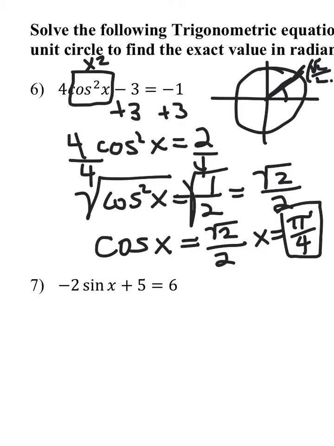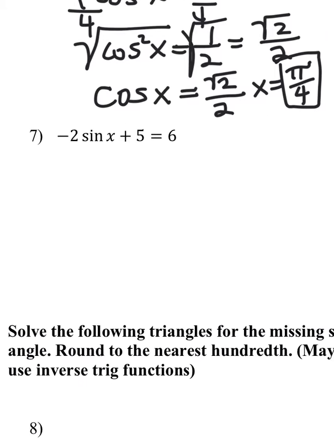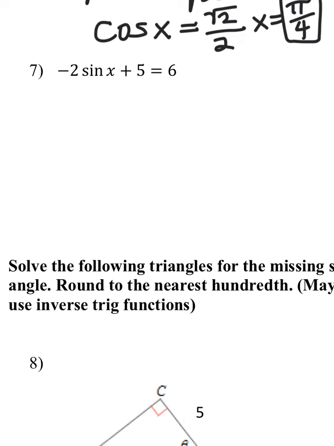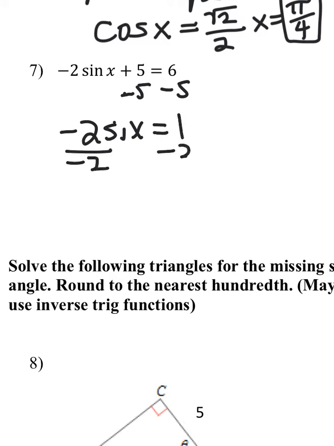Let me go ahead and move that up a little bit. Now we have to subtract 5 from both sides. And that leaves us with negative 2 sine x equals 1. Divide by negative 2. That gives us sine x equals negative 1/2.